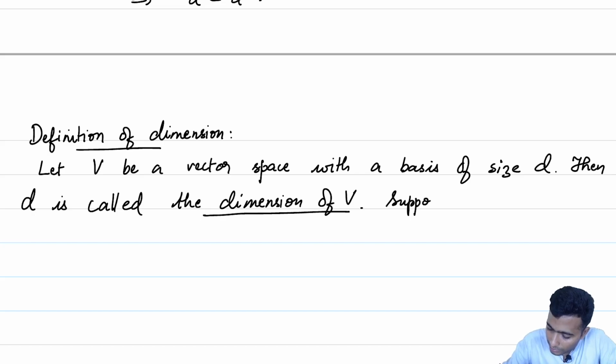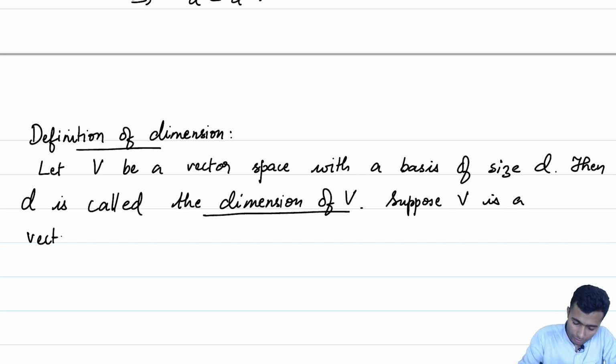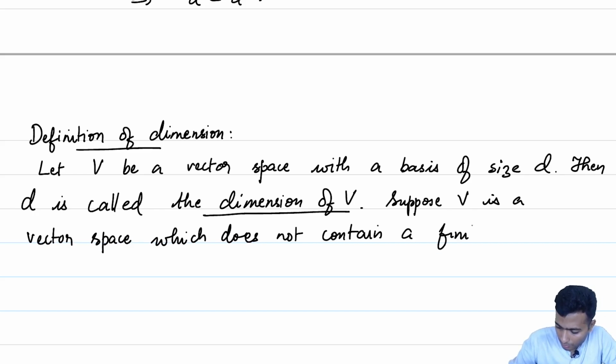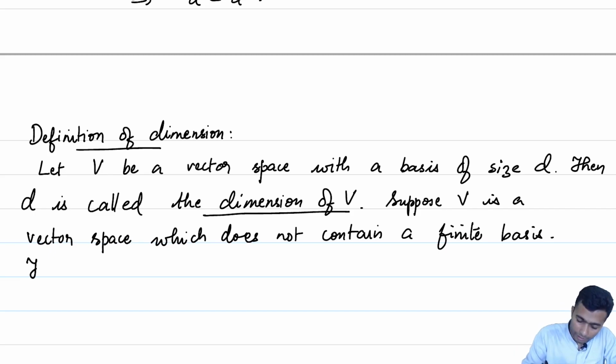Suppose V is a vector space which does not contain a finite basis. Then V is called infinite dimensional.